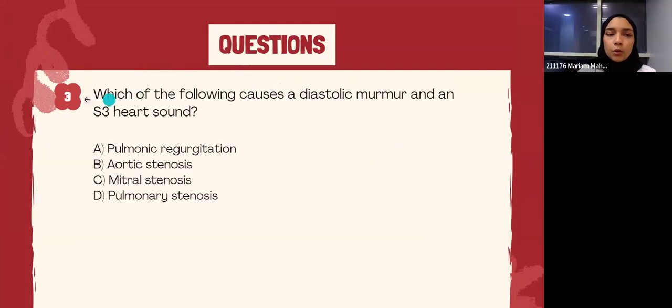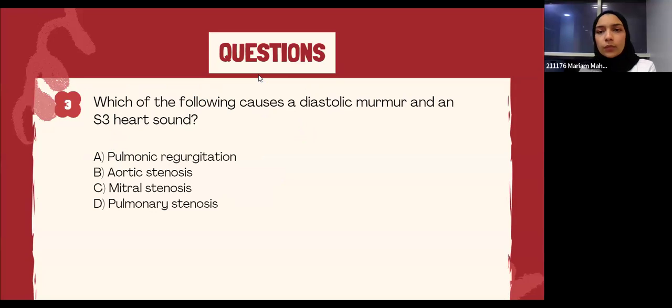Okay. So for three, which of the following causes a diastolic murmur and an S3 heart sound? Okay.